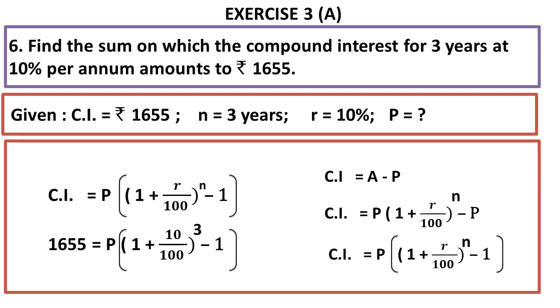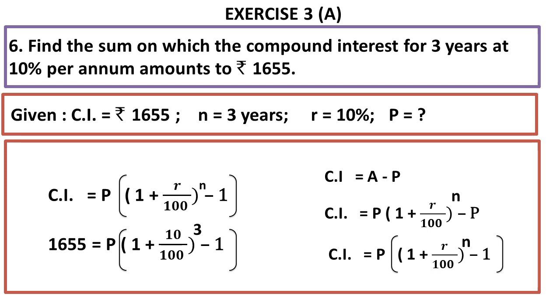In the next step, if we take out P as the common factor, it remains 1 plus R by 100 to the power n minus 1. So whenever we have to find out the principal and the compound interest is given in the question, we can use this formula directly to calculate the P, the principal amount.